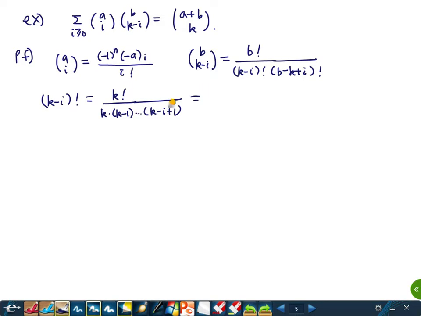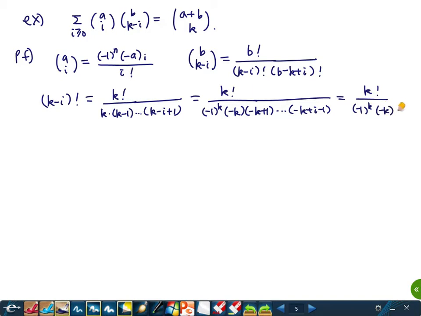Now we have to apply that thing. So k factorial, we factor minus 1 out. I'm doing this step by step, but later I'm going to just write this at once. This is now increased by 1, so it's k factorial times minus 1 to the i, over minus k sub i. Now everything is okay. This is i.